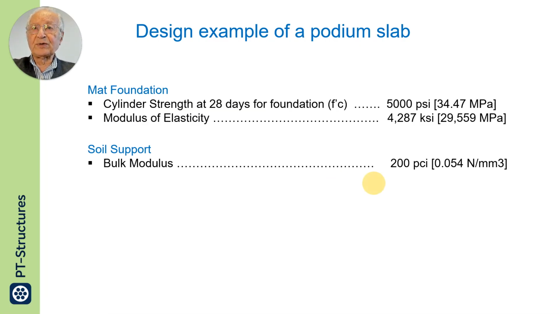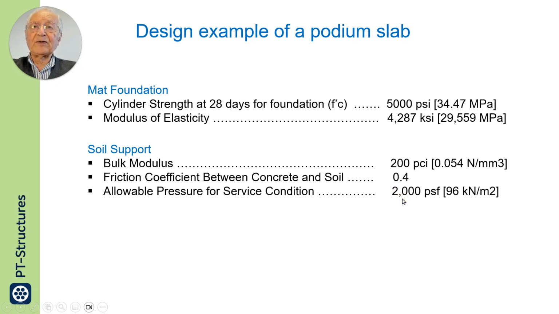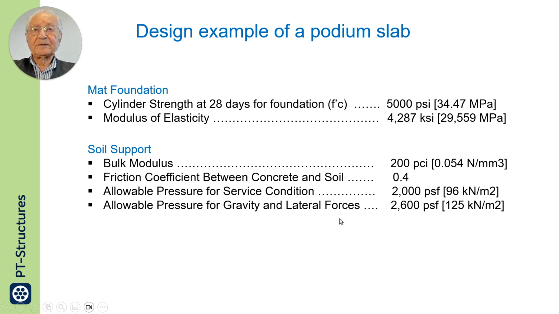Then we come to soil support. I have selected 200 pound per cubic inch. Its modulus, bulk modulus, and I have selected a friction coefficient of 0.4. This is to resist the seismic horizontal forces, and soil pressure 2,000 pound per square foot allowable.